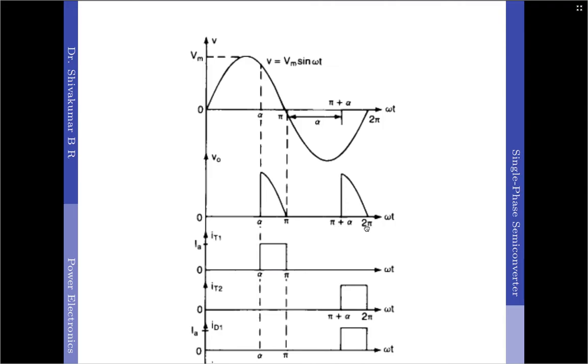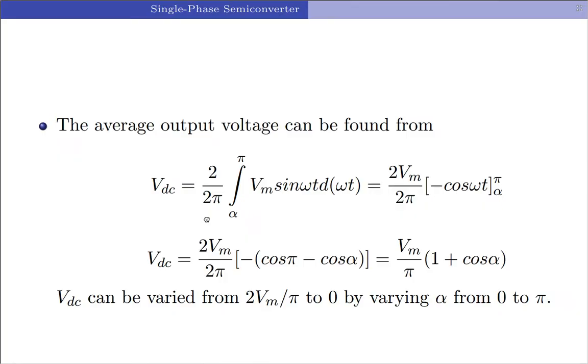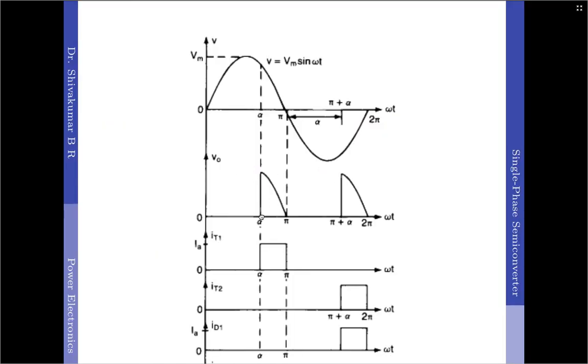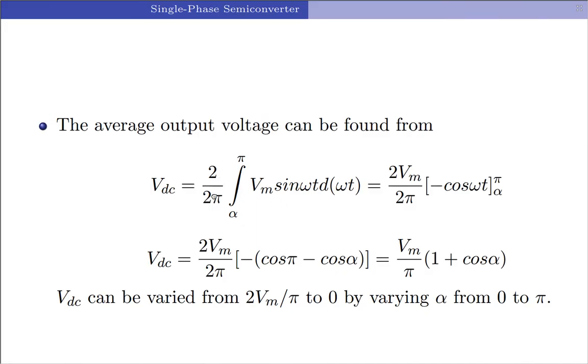So if I start from 0, the output waveform appears exactly at the same delay as when I start from pi. So instead of writing the two separate terms, that is, instead of writing 1 by 2 pi into the integral of Vm sin omega t from pi plus alpha to 2 pi, we will combine that into one single equation, that is 2 divided by 2 pi integral of alpha to pi of what we are integrating.